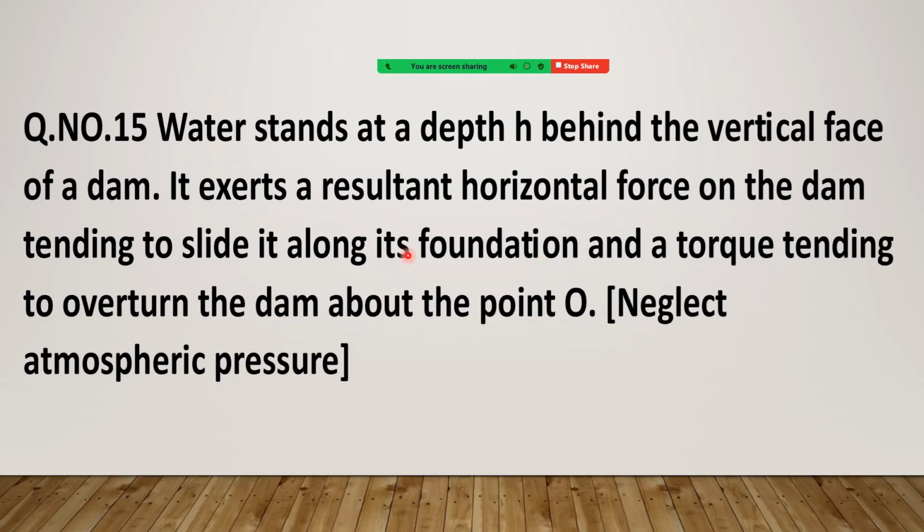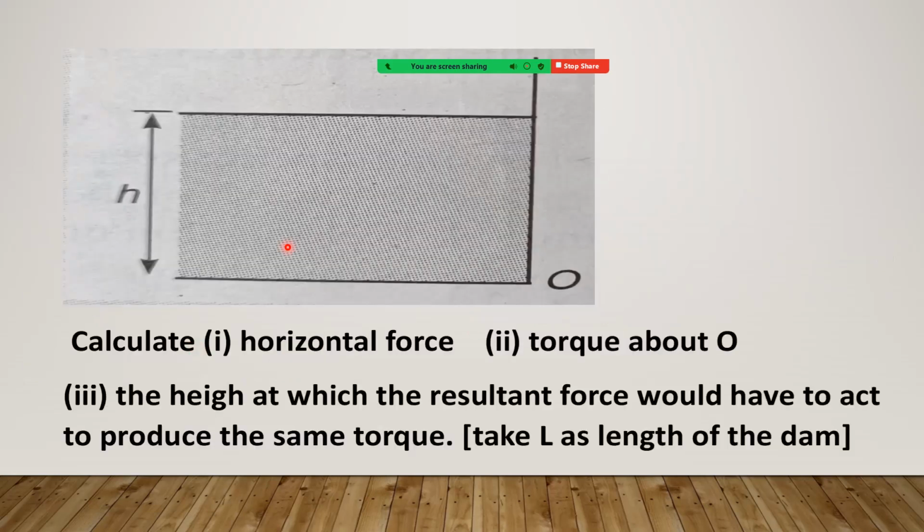So condition is water is at a depth h. See diagram for this. This is now the vertical face of the dam and up to depth h water is there.